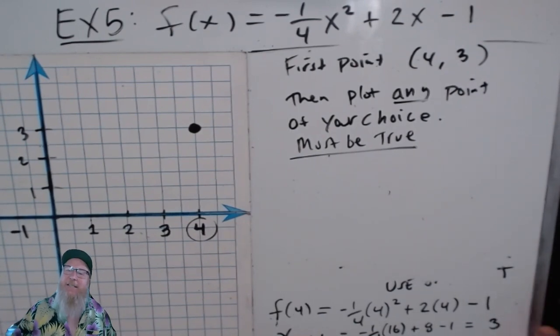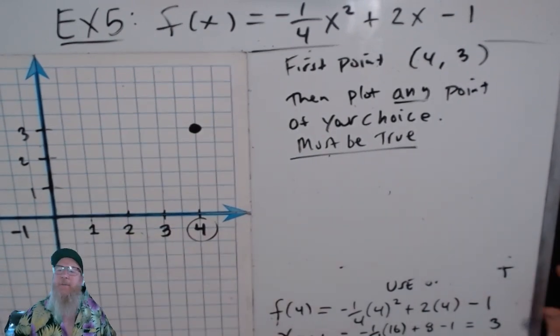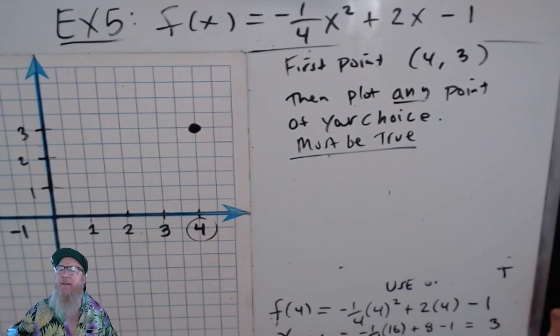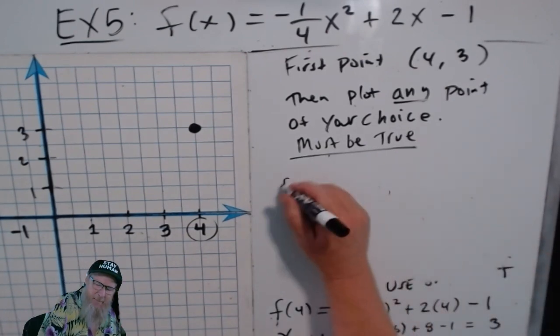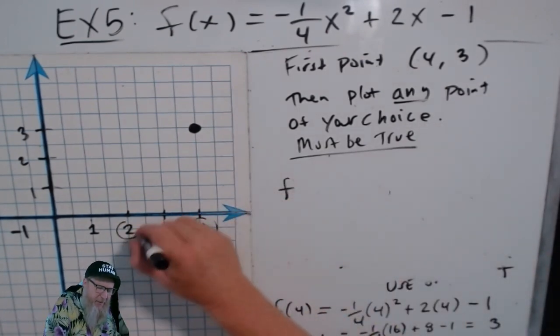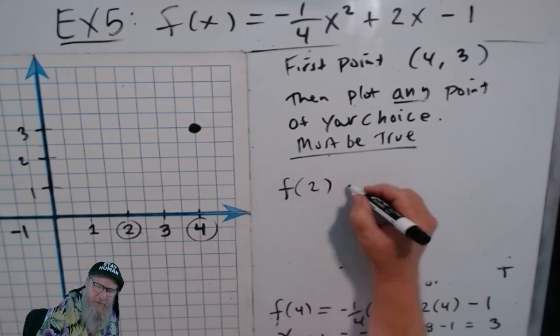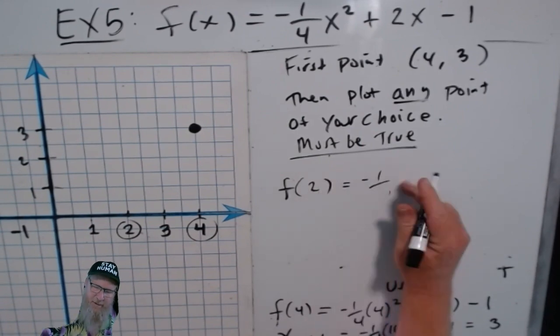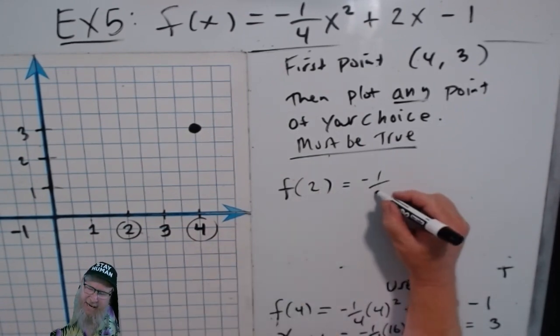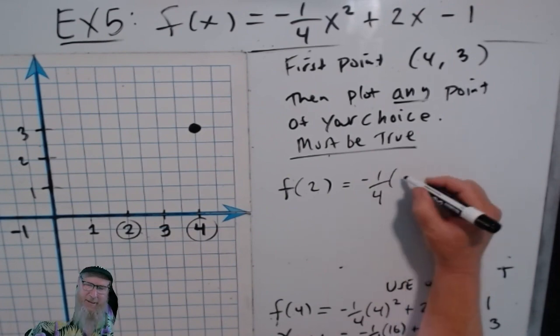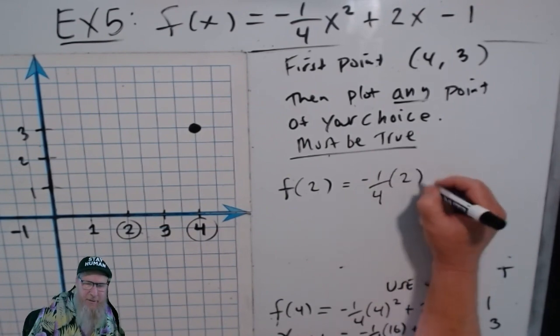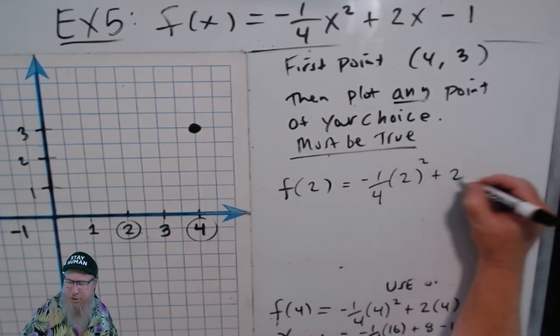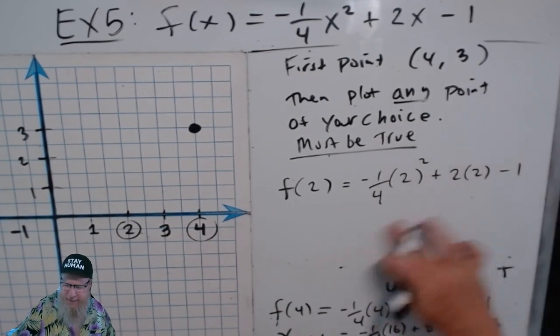It's a lot of erasing today because my graphing board takes up half the whiteboard. So any point of my choice, I'm going to go with 2. If you want to choose 3, you can, but you might not like what you get. You'll end up with fractions, and you'll regret that choice.